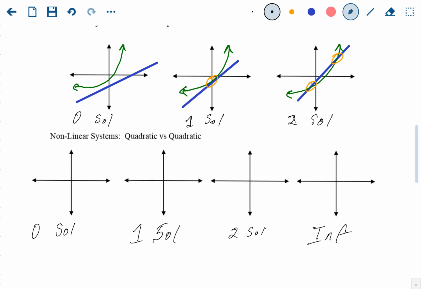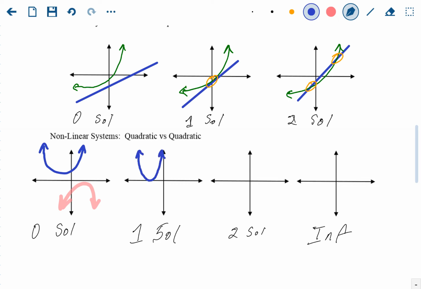All right, well, zero solutions on a parabola. Well, if you have one parabola up here, opening up, and your second parabola is down here, opening down, those are never going to cross. Okay. How could you have one solution? All right, well, if you have one solution, there's a couple possibilities.